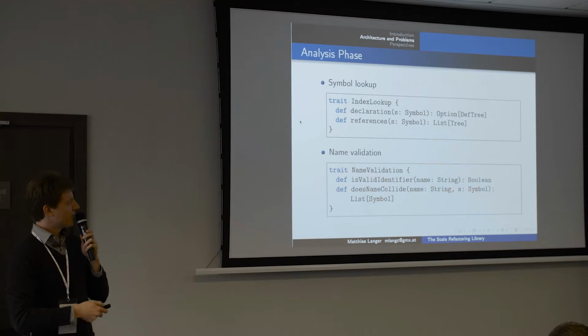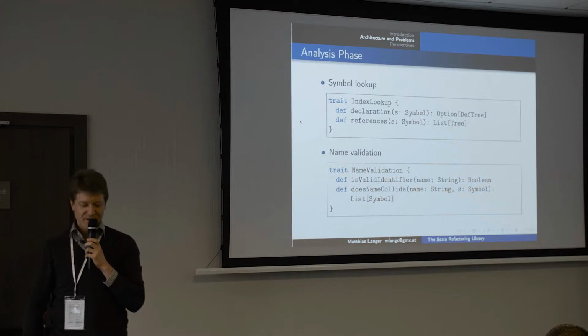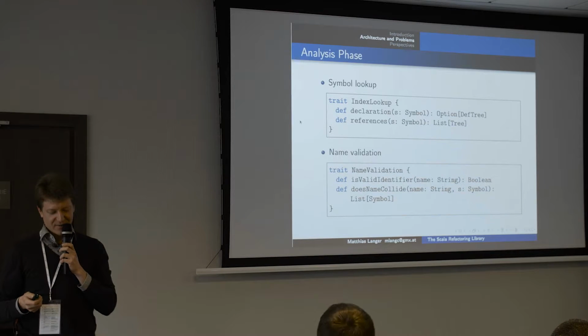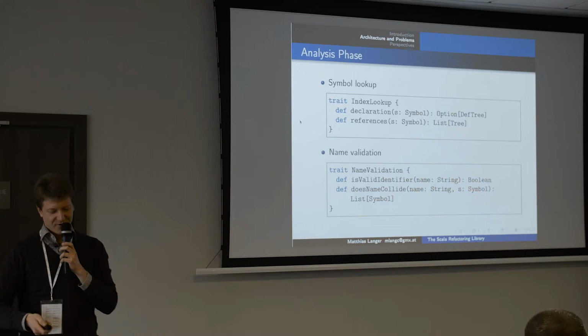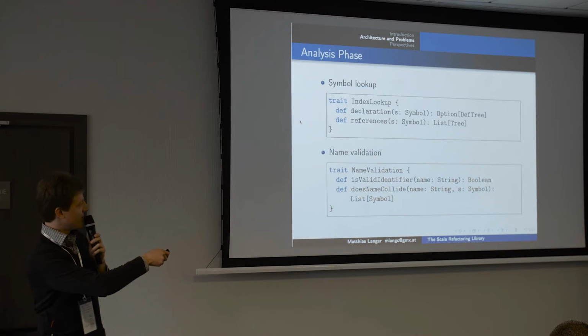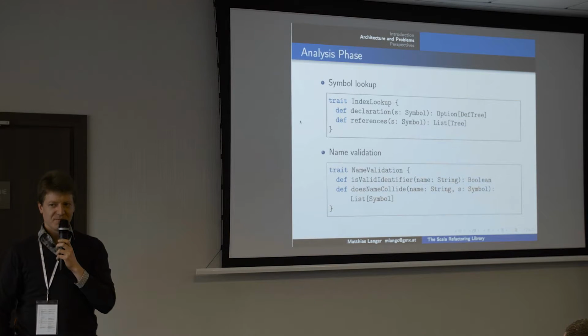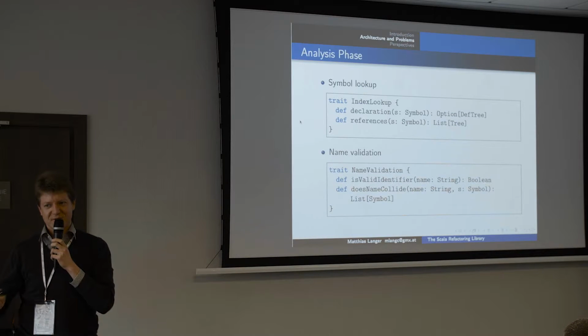So the first phase is the analysis phase, and the most important step in the analysis phase is probably index lookup, because if you, for example, do a rename refactoring, then it's very important that you are able to find, at first, for any given symbol the place where the symbol is declared, and then of course you also need to find all references for a given symbol.